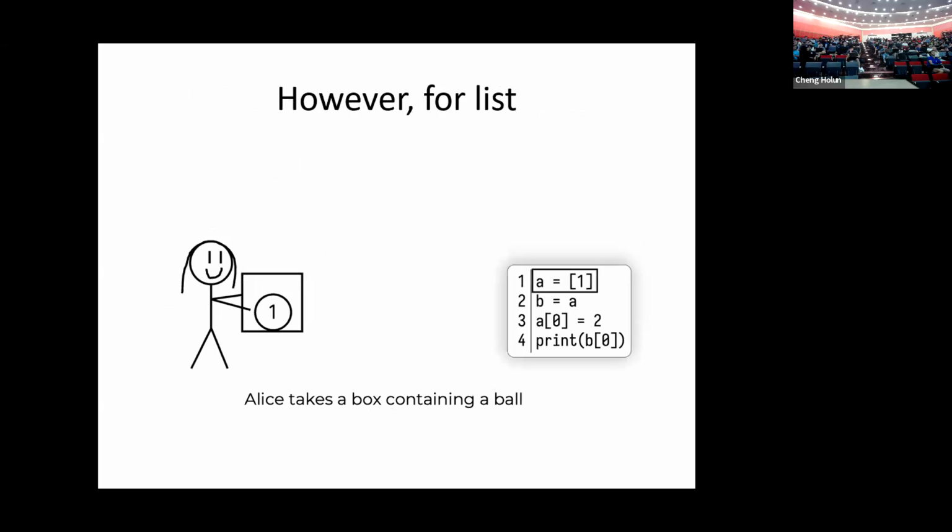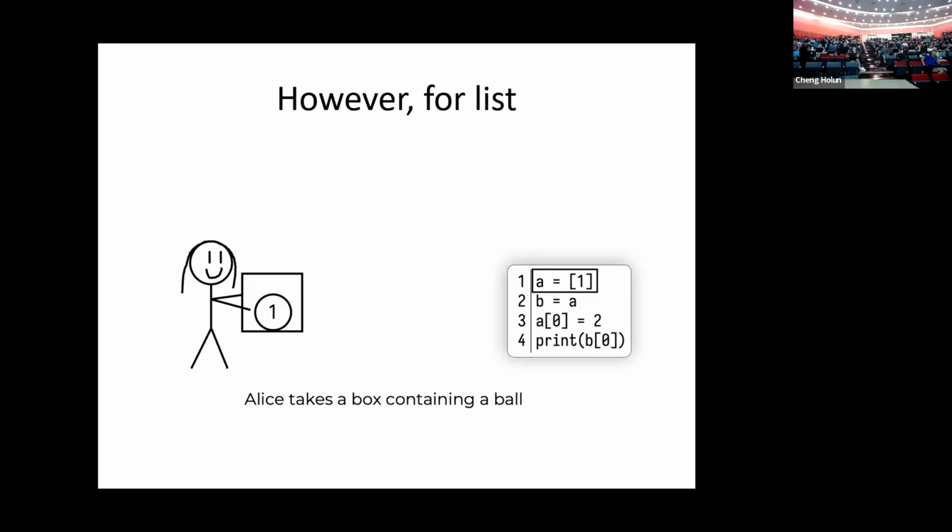However, for list, remember the list has a box. Okay? The box is very important. Alex, A is equal to a list of 1 now. It's different from 1 now. For list, A is equal to a list of 1. So that means Alex has a box that inside contains 1. If you have a list of 1, 2, 3, that means Alex has a box containing 1, 2, 3, okay? So the key point is Alice does have a box.